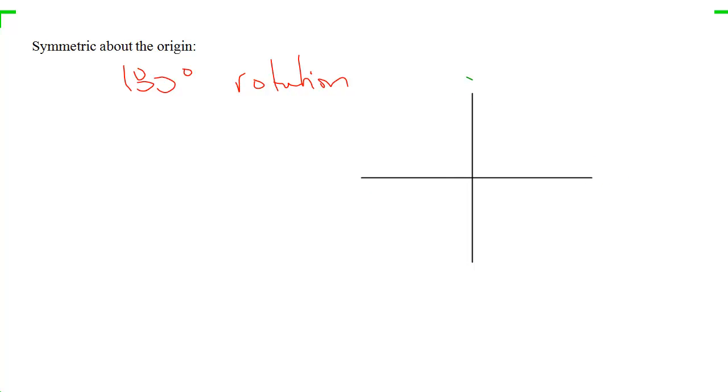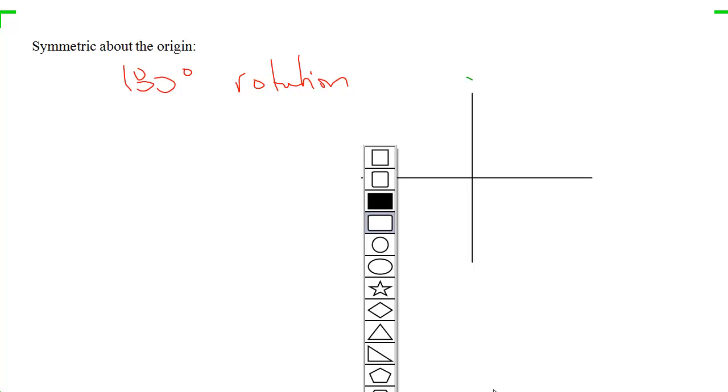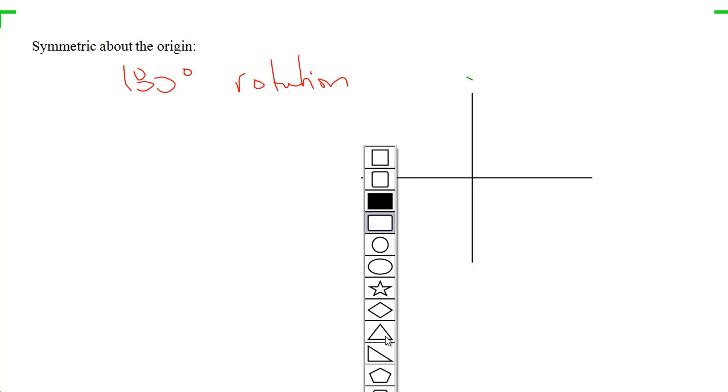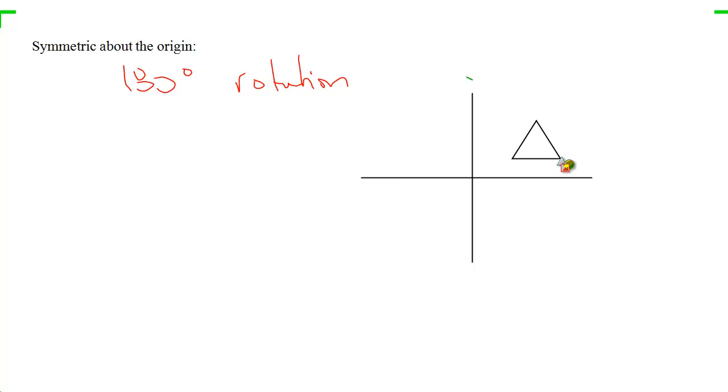If I had some figure, let's just say some triangle here. If I took this triangle and this was symmetric about the origin and I rotated it about the origin, let me just draw another one. So let's say that's exactly the same.